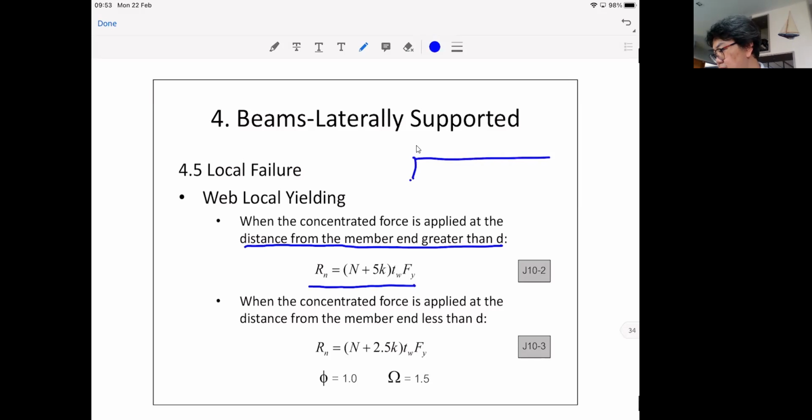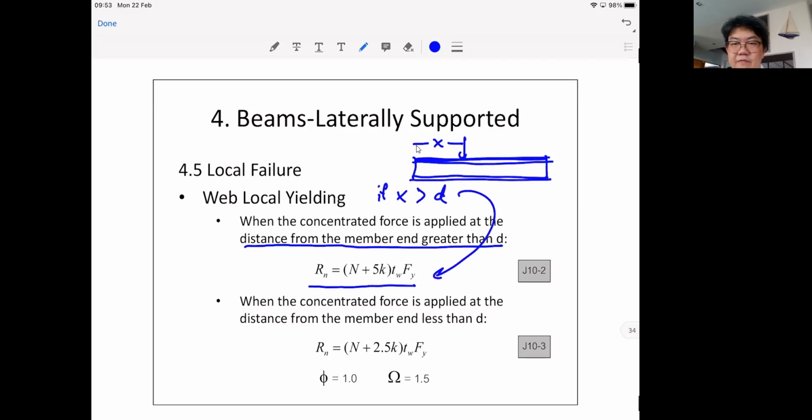Let's say if this is my beam, and let's say this is x, the location where your concentrated load is applied. If x is greater than d, you get this full formula.